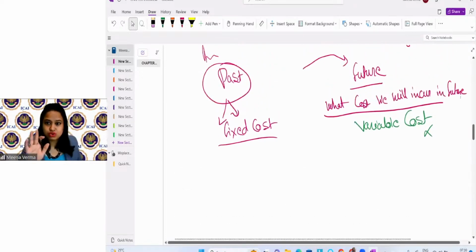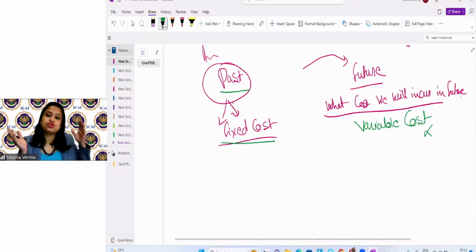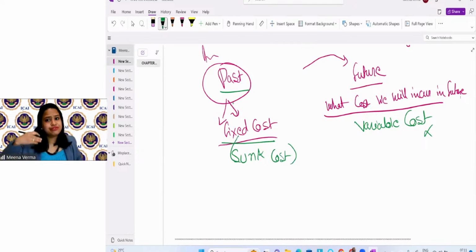Most of the cases, I'm not making it general, but in most of the cases, fixed costs are actually the past cost, the cost which you have already incurred in past, and we call them a sunk cost. Now such costs will not affect the future decisions. So the cost which is not affecting the future decision is not relevant for taking decisions.